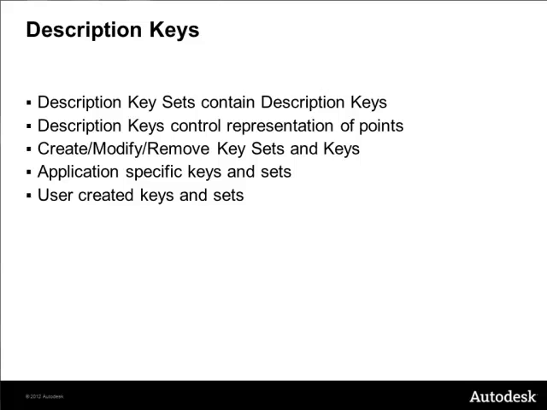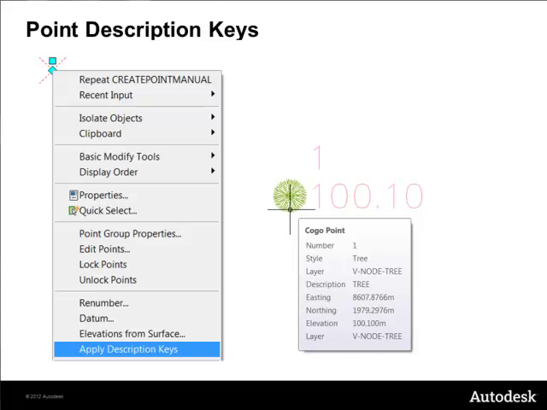Description key is a very powerful feature of Cogo Point. Description keys and associated functionalities are now exposed in the Civil 3D .NET API. Description keys are used to automatically control some of the properties, such as the appearance of a point in the drawing at the time of importing the point or when we create a point in the drawing.